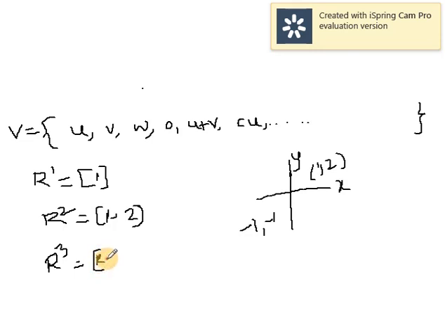Likewise, R3 is a three-dimensional vector, having x, y and z components. The components are usually real numbers. Then R4 has four components. Likewise, R to the power n will have n components.